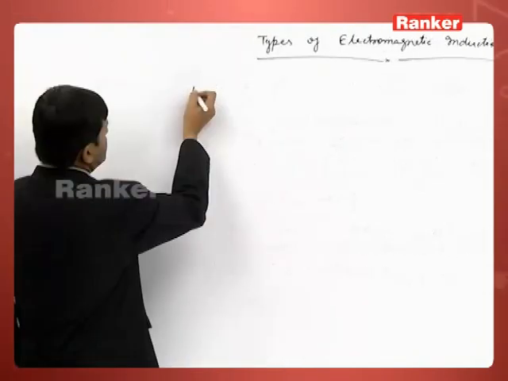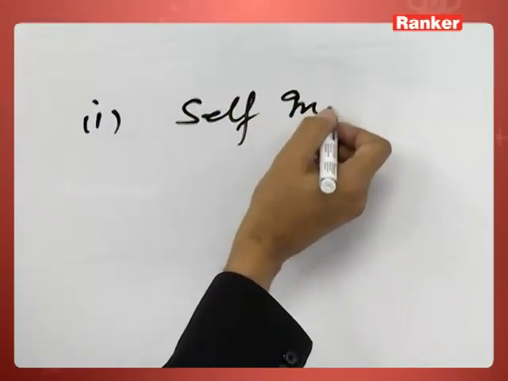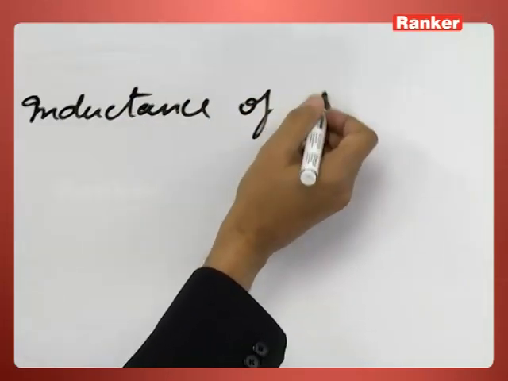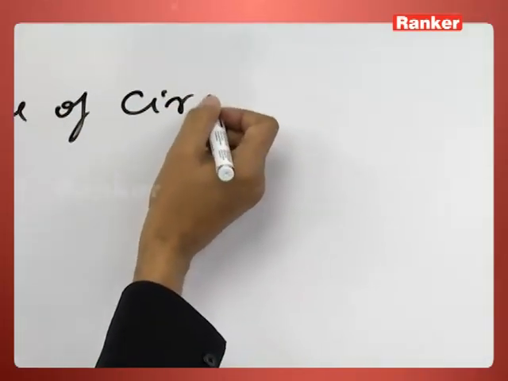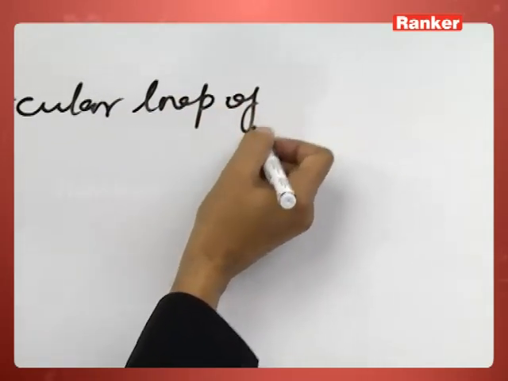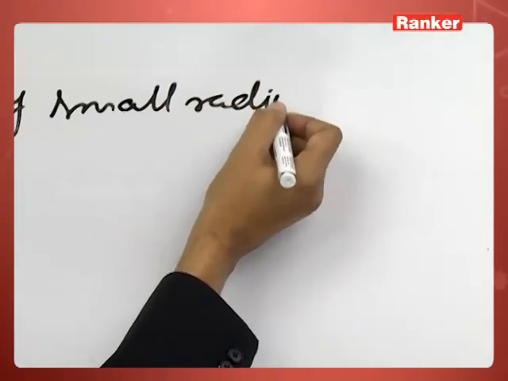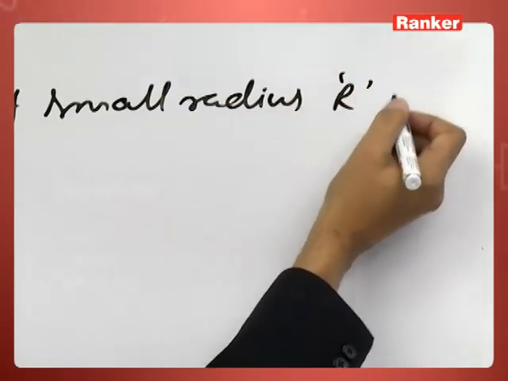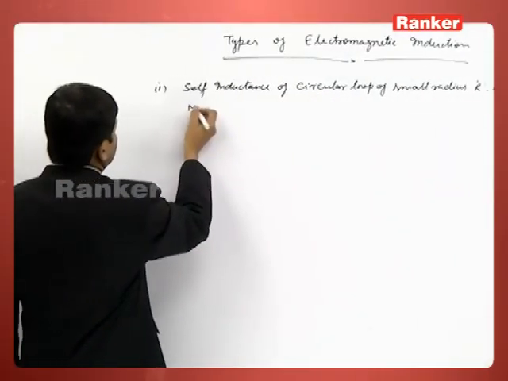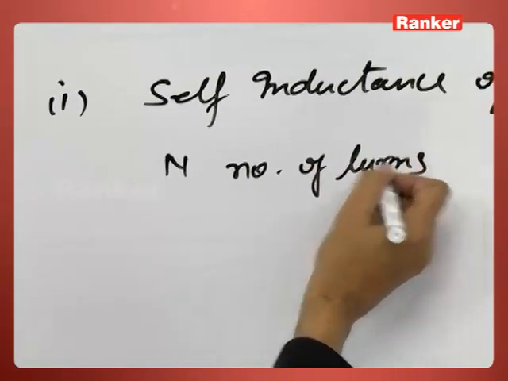So see, now first is the self-inductance of a circular loop of a small radius capital R having n number of turns.